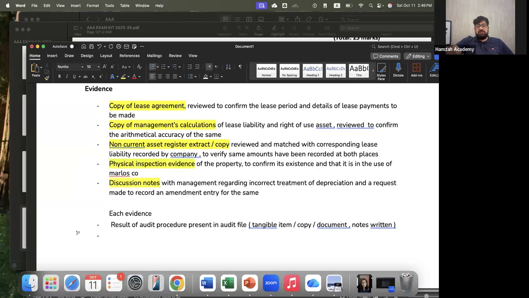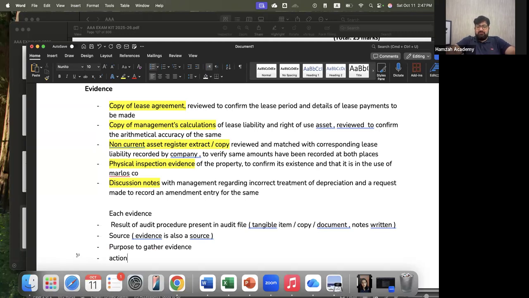Now, there might be some source, for example, management. So basically, evidence is also a source. Then the reason, the purpose to gather evidence.